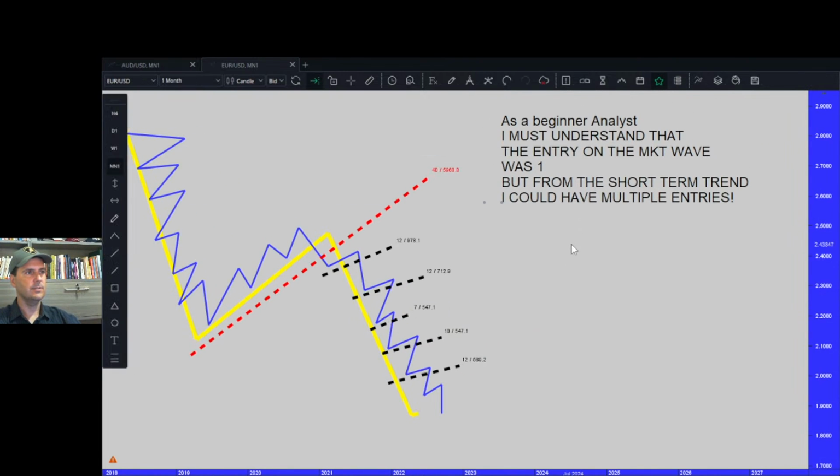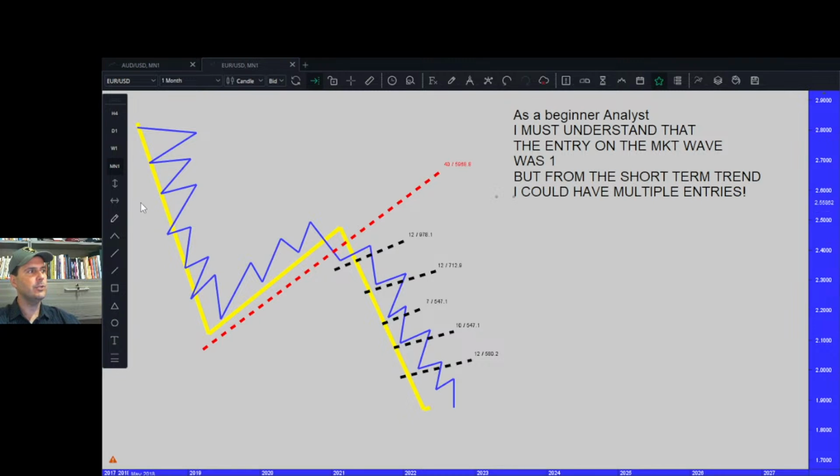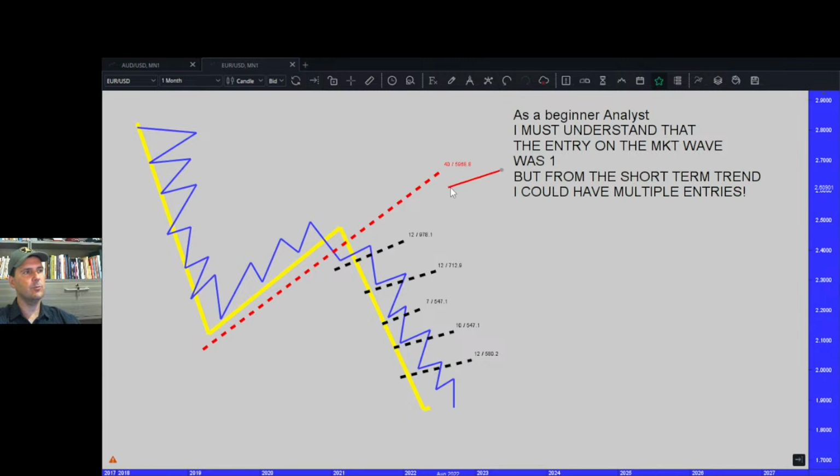As a beginner analyst, not a trader yet, I must understand that the entry on the market wave was 1. Which one? The red one.